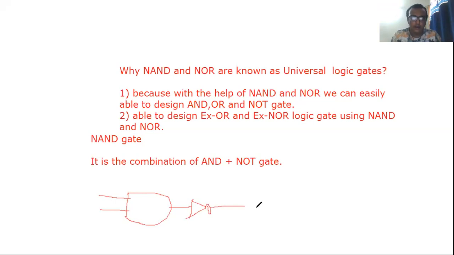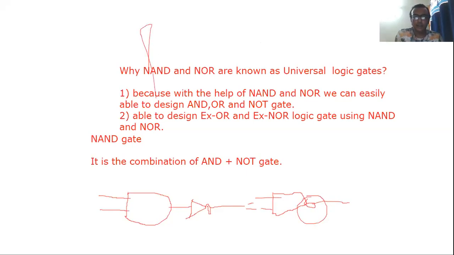So here AND plus NOT equals NAND. It is the symbol of NAND gate: AND plus bubble. Bubble indicates the gate is NAND. That's why it is known as NAND gate.